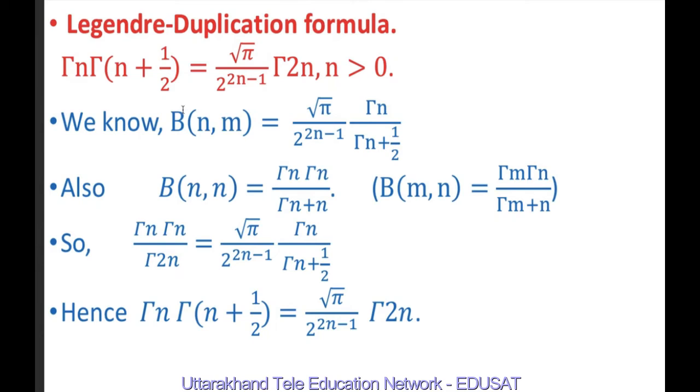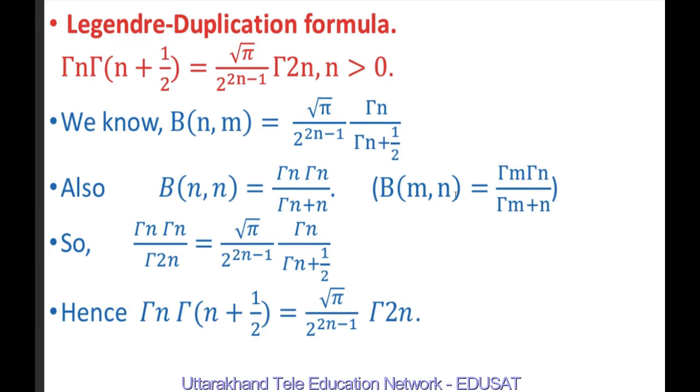Now we will prove this duplication formula. Gamma n plus half is equal to under root pi upon 2 raised to 2n minus 1 times gamma 2n, whenever n is greater than 0. Just now we proved that beta n n is equal to under root pi gamma n upon 2 raised to 2n minus 1 gamma n plus half. And we know that beta m n is equal to gamma m gamma n upon gamma m plus n.